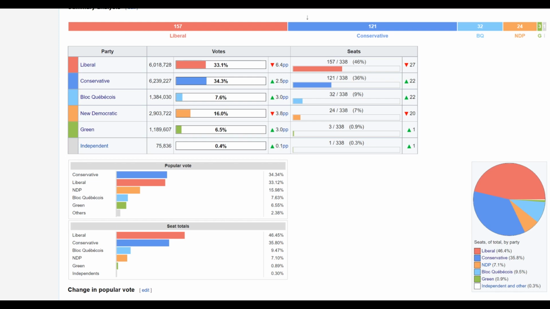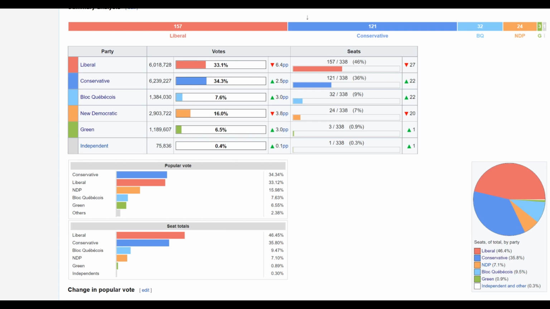The only theoretical check on them is the other levels of government and the judiciary. Although if you're a left-wing politician, and I mean that purely in a partisan, not an ideological sense, the courts, generally speaking, won't try to stop you. So you have basically absolute power if you manage to get a majority.